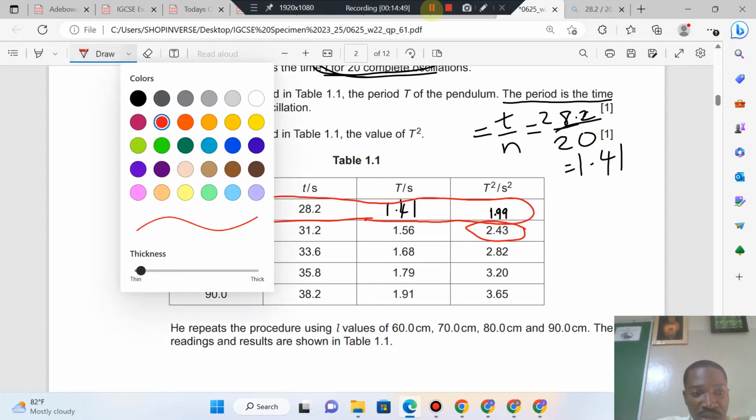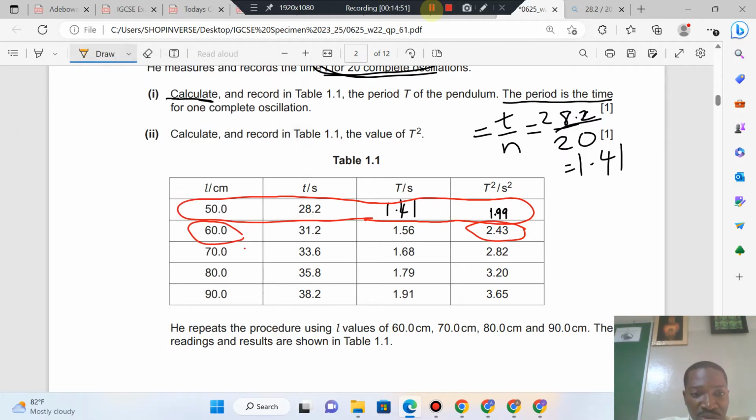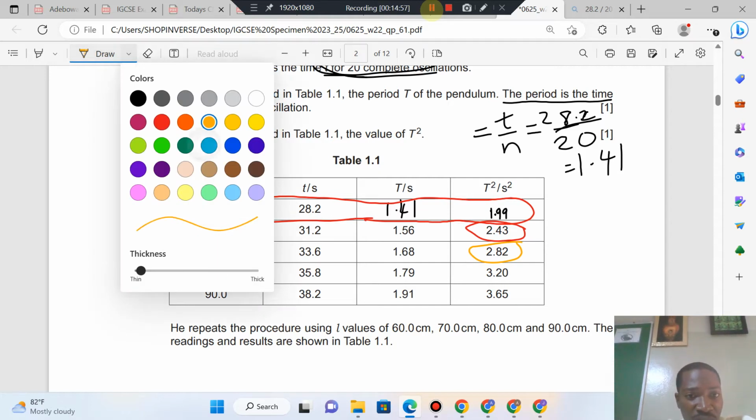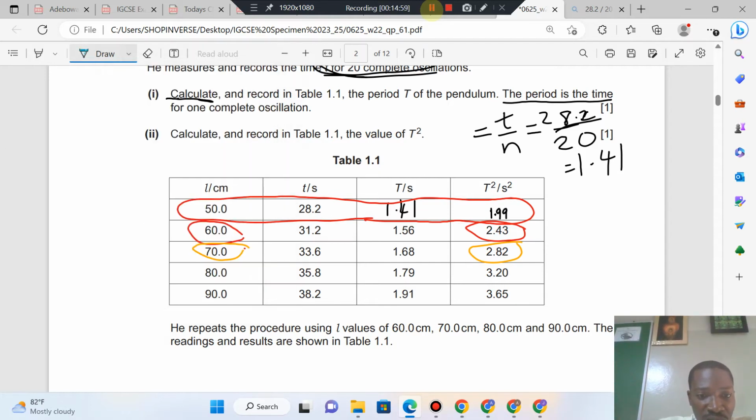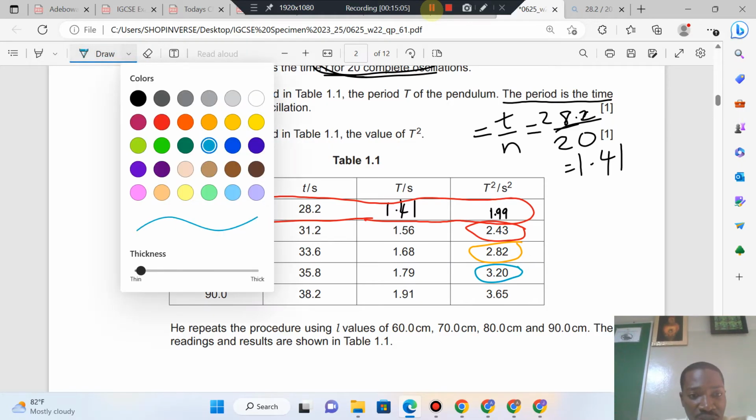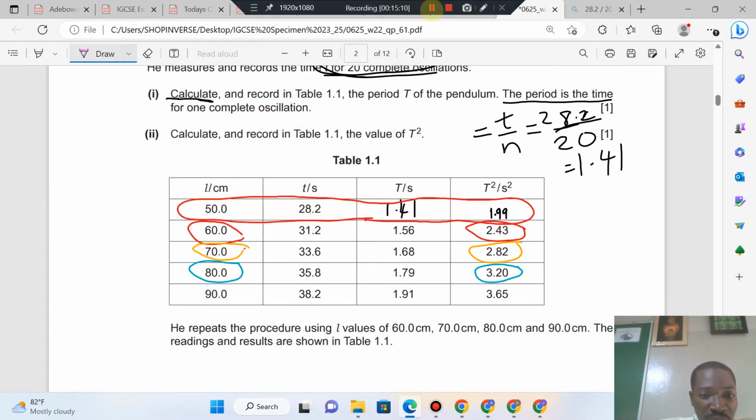Then you go to the next one, you pick the two values you need. Let me use different colors so that it will be easy to distinguish each of the values you are plotting. So I'm picking this value here, the value here, and then the last values. Let's use color pink, this value here and the value here.